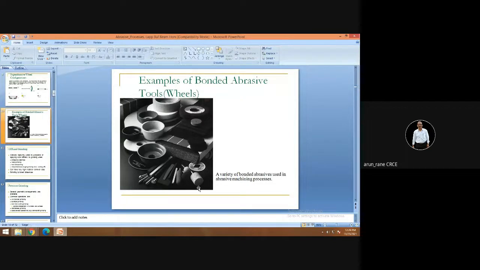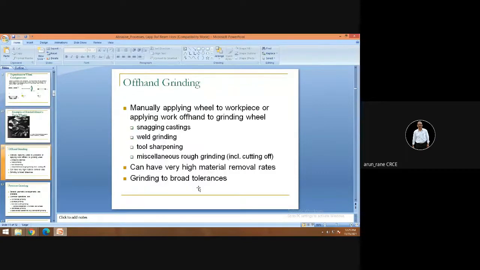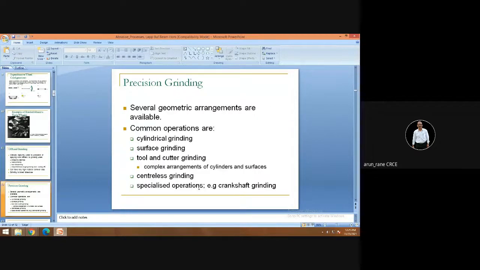Other than thrust bearings, you also need ball bearings and roller bearings. The machines are designed and manufactured like that. No doubt you can use a grinding wheel on your hand drill, but then the machine will get spoiled very fast. Offhand grinding is very rough. If you want to grind off castings or forgings, then offhand grinding is the option.